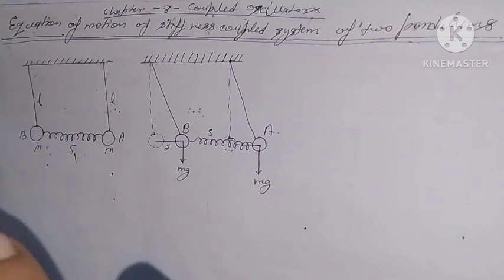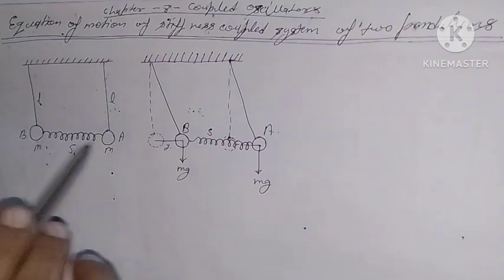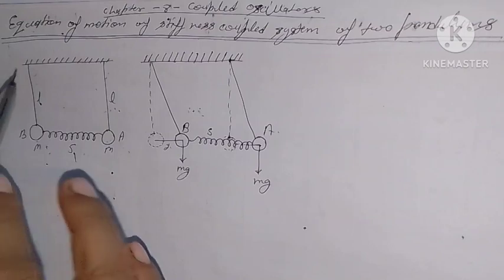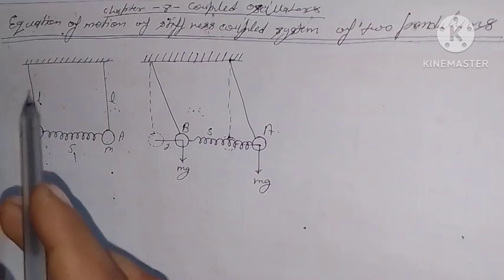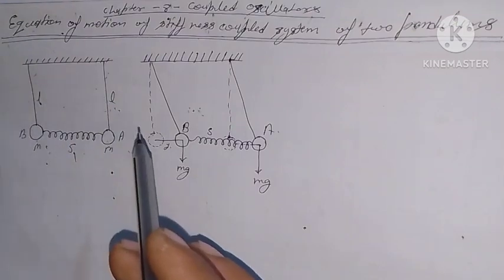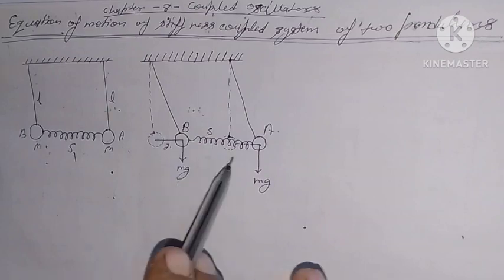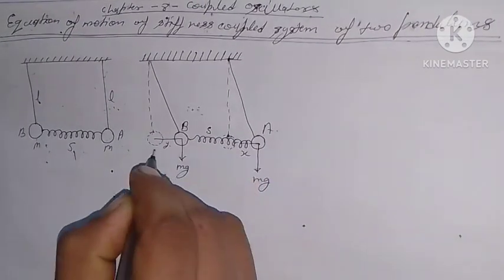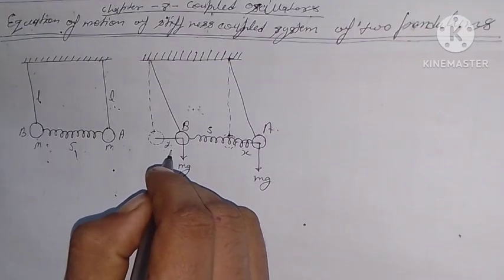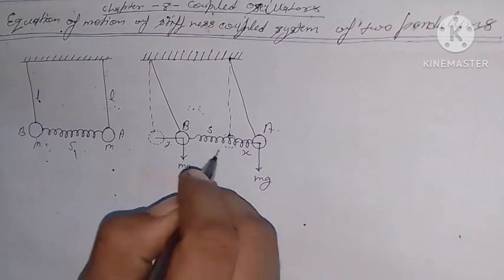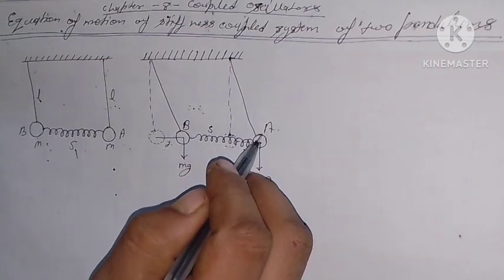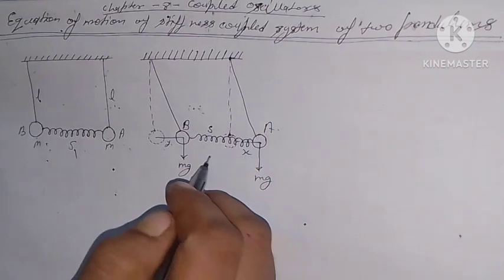Let the two pendulums A and B be set into vibration with a small amplitude in the plane of the paper, and let x and y be the displacements in the same direction of the pendulums marked by A and B respectively, as shown in this figure.